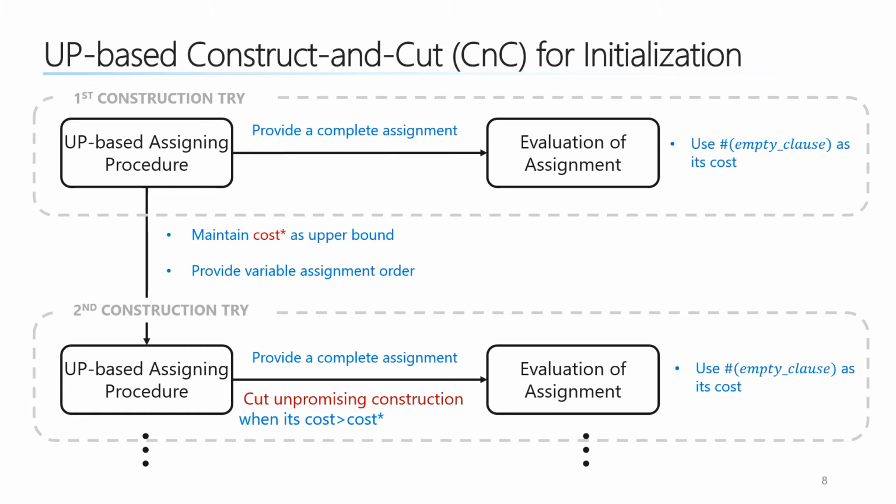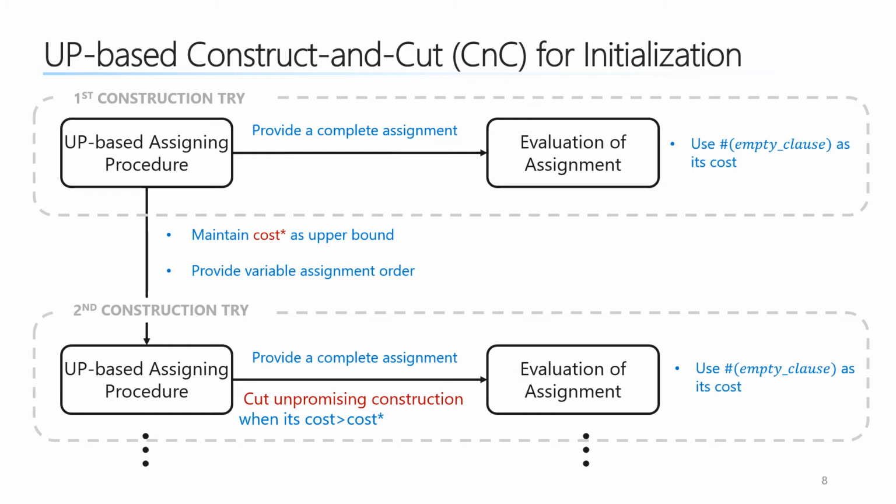In each construction try, CnC starts from an empty assignment and extends it to a complete assignment. Then, the CnC method evaluates the complete assignment's quality. Particularly, the number of empty clauses is used as the cost of the complete assignment.